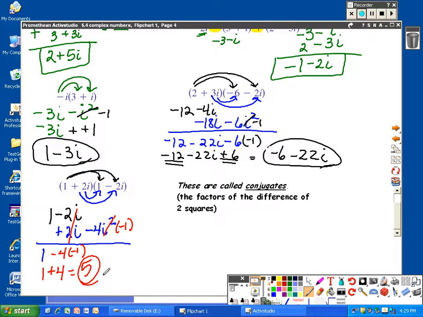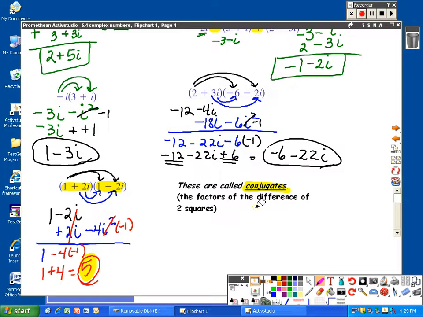Notice how by multiplying 1 plus 2i by 1 minus 2i, I got a real number back. These two are very special because they are called conjugates of each other. A conjugate is the factor of the difference of two squares.